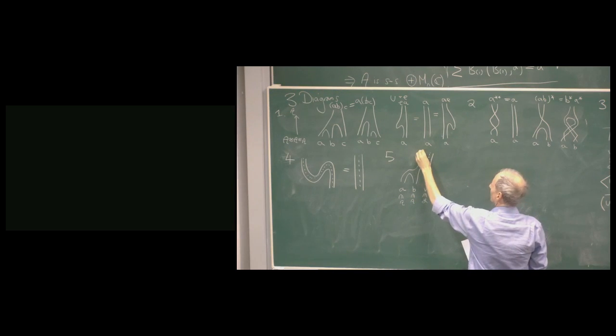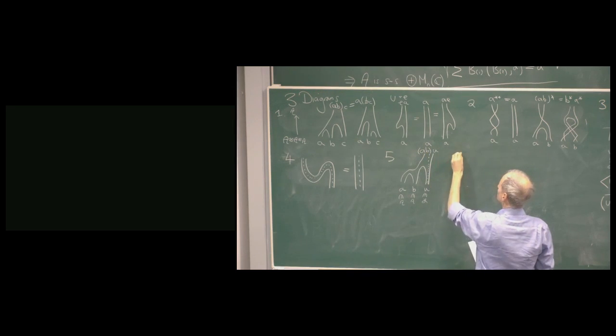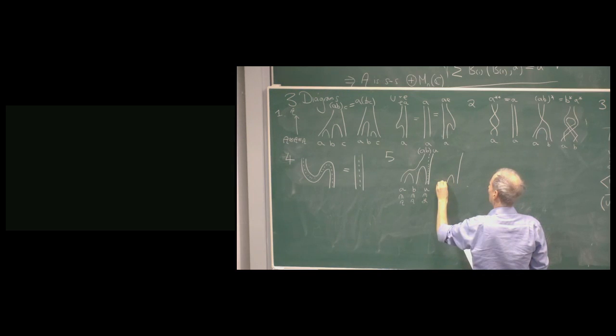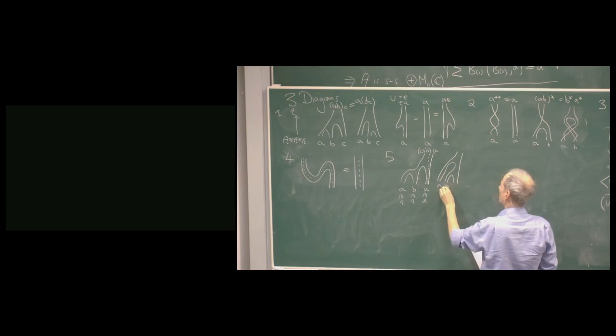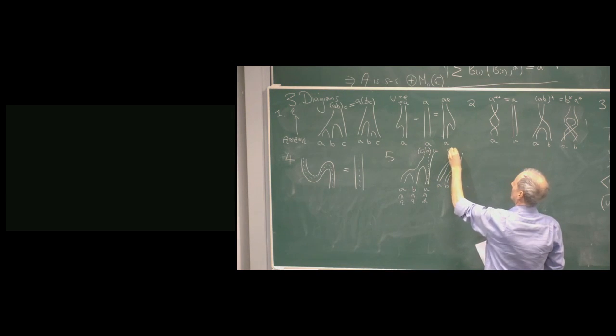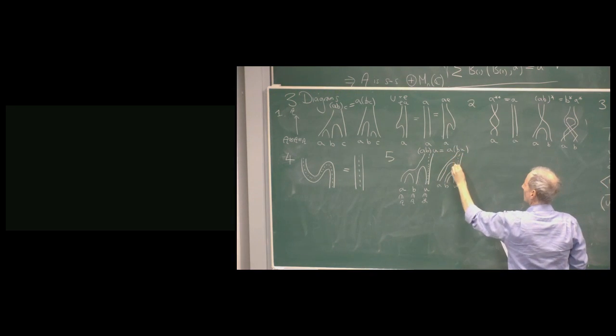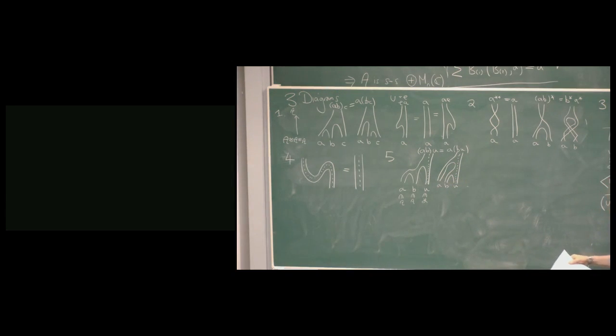So this is A times B acting on U, and obviously that has to be equal to that, which is A, B, U. And a similar diagram on the right-hand side for the right action, obviously.